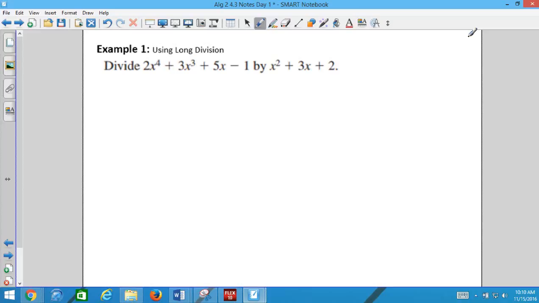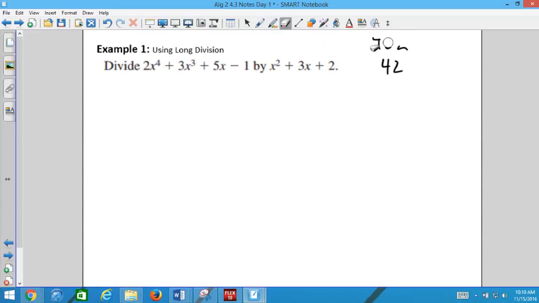So if I were talking about the number 402, am I allowed to write that number as 42? No. I have to have that 0 taking up the tens place. Okay? Kind of the same concept, but it's not really just easy numbers, it's a polynomial. But you do have to have all of the places represented.